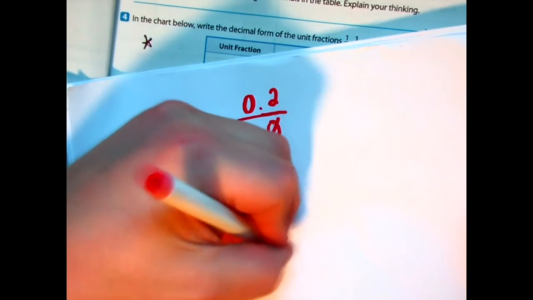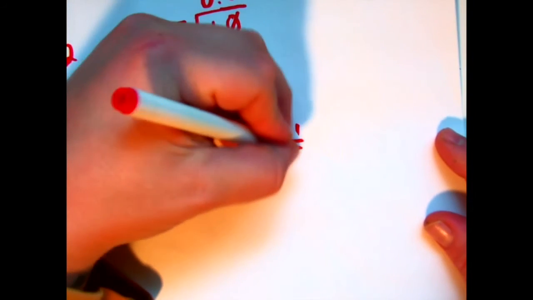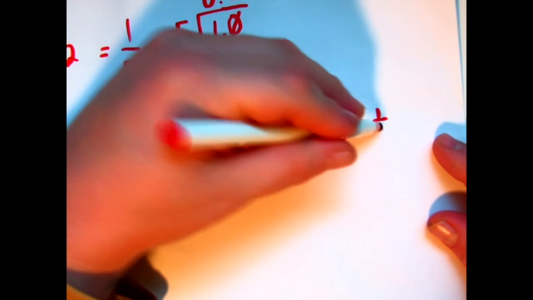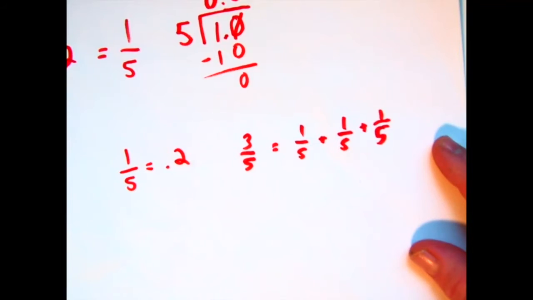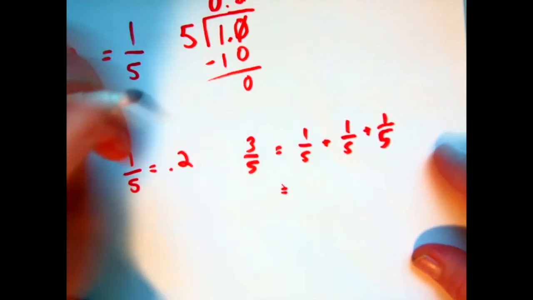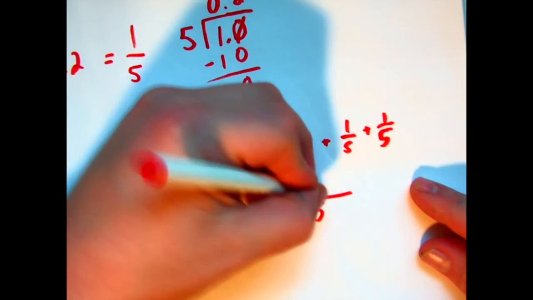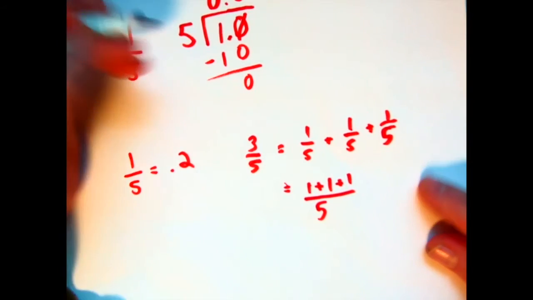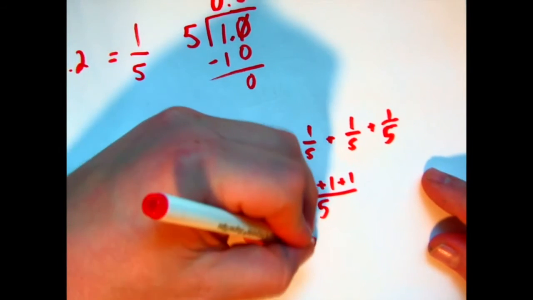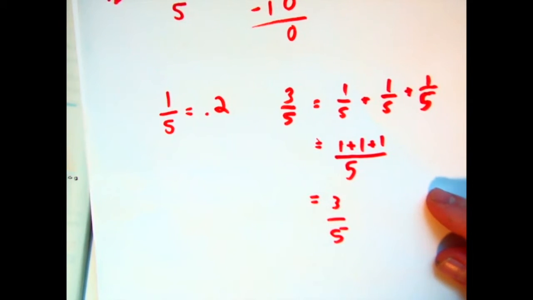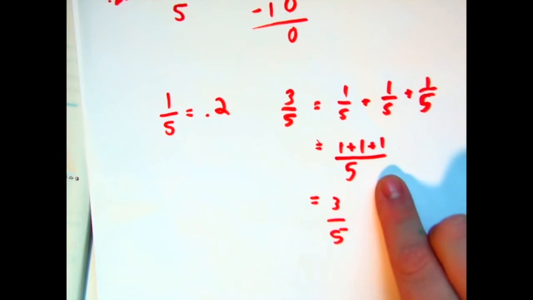3/5 is going to be equal to 1/5 plus 1/5 plus 1/5, which is equal to 1 plus 1 plus 1 divided by 5, which is 3/5. That's why this is equal to that.